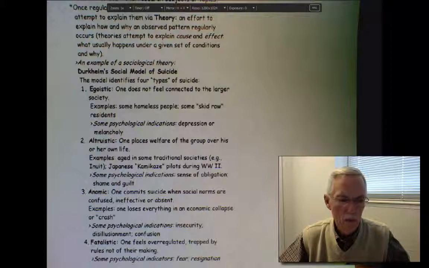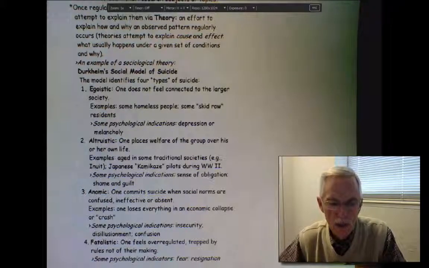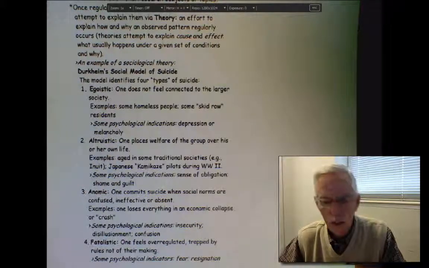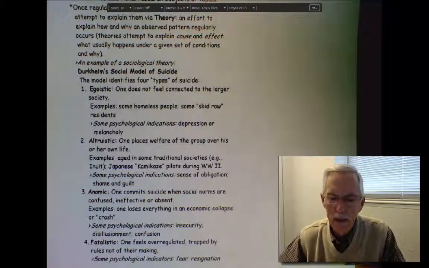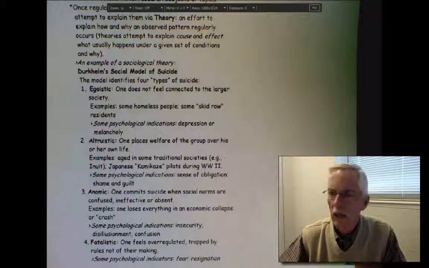Emile Durkheim, one of the major contributors to the formation of the discipline of sociology, constructed a theoretical model aimed at explaining what appears to be a very personal and private act: suicide.